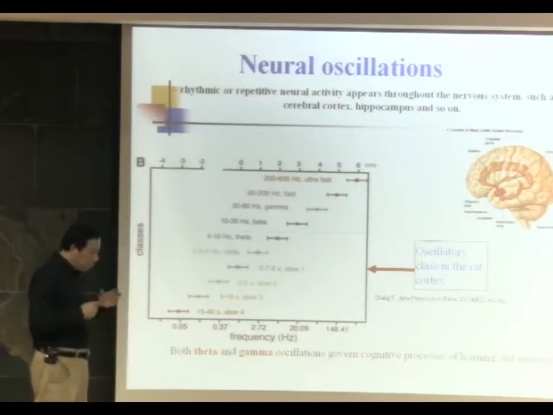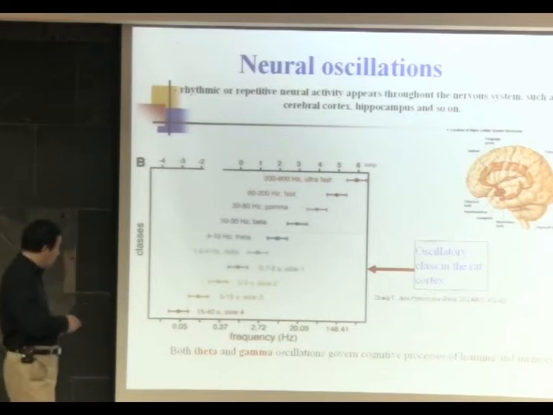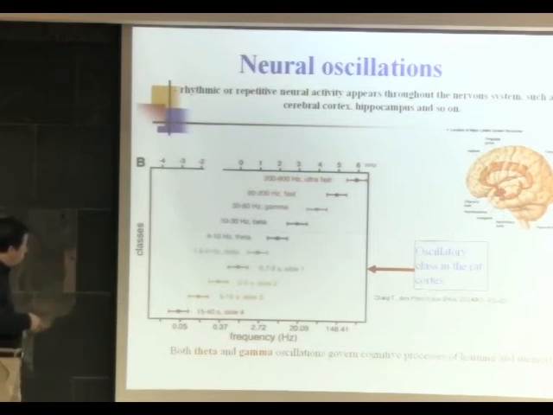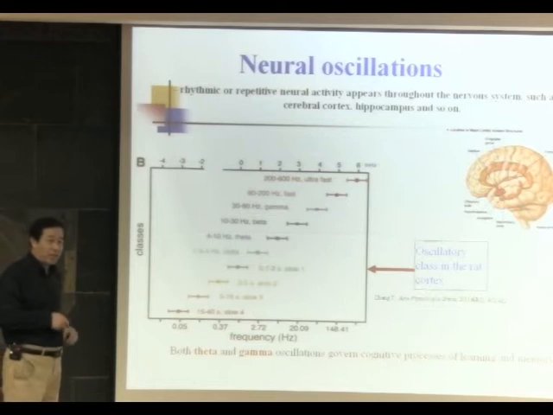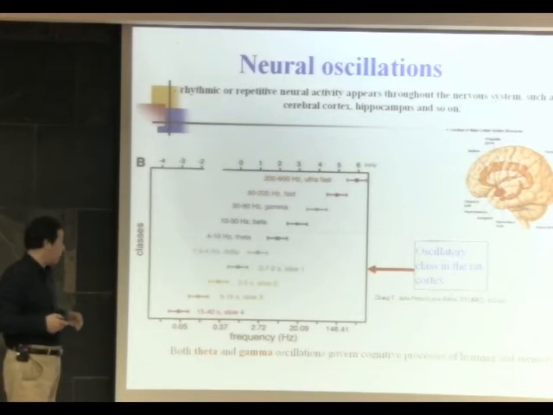Physiologists also divided it into different frequency bands and gave them names. For instance, from 4 Hertz to 8 Hertz they defined the theta frequency band, and from 30 Hertz to about 100 Hertz they defined the gamma band.